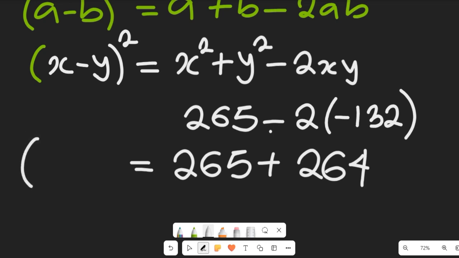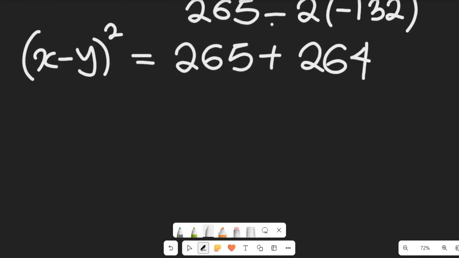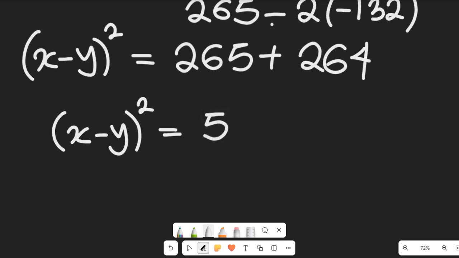So our (x minus y) all squared can be equal to the sum of these, which is 529. We can find the value of x minus y if we take the square root of both sides.